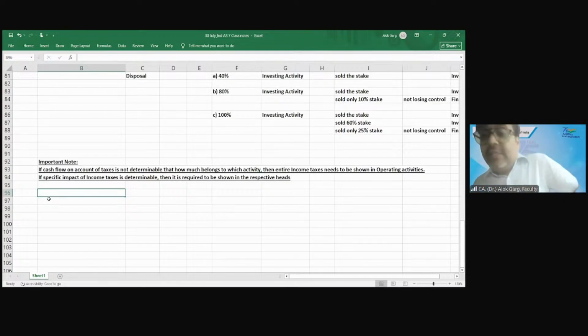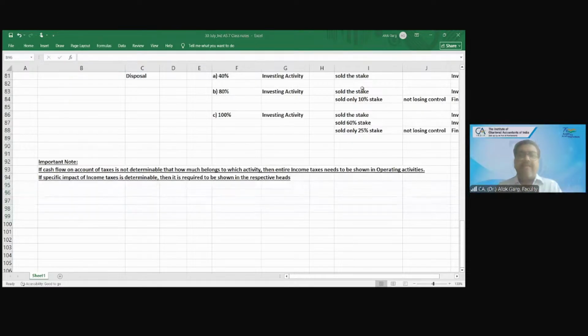So Ind AS 7 says that this tax expense on the capital gain of the building has to be shown as an outflow from investing activity.